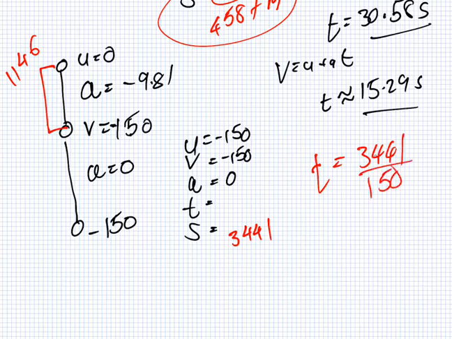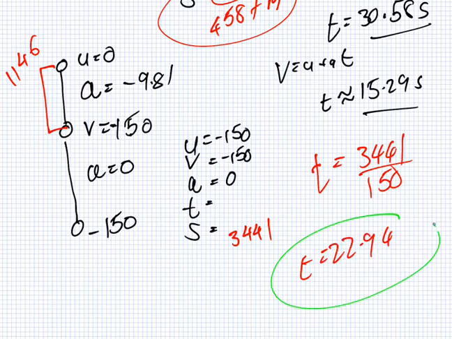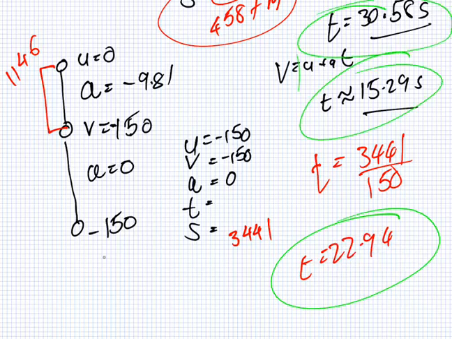No. So actually, maybe I will have to use my UVATS. U is 150, V is 150, A is 0, T and S I don't know. What formula can I use? S equals U plus V over 2 times T?